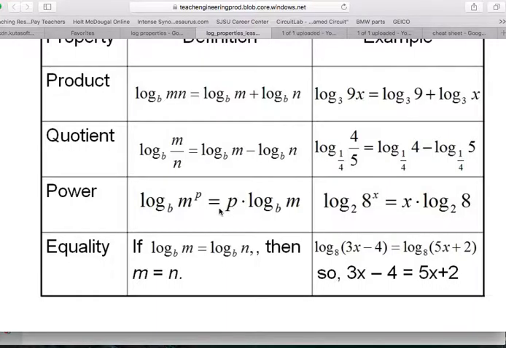Sometimes, in order to evaluate it, you have to make the coefficient an exponent. It depends on the situation. For example, log base 2 of 8 to the exponent x, we simply write x times log base 2 of 8. See, the exponent becomes a coefficient.